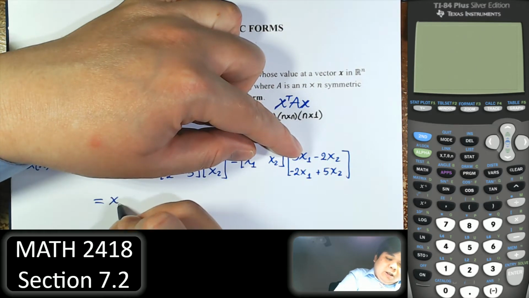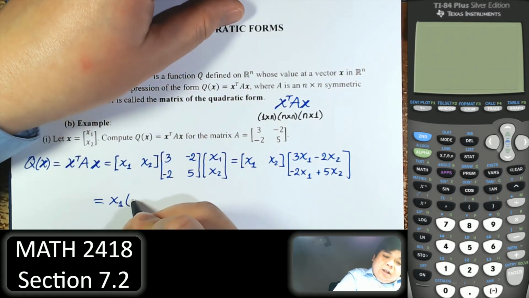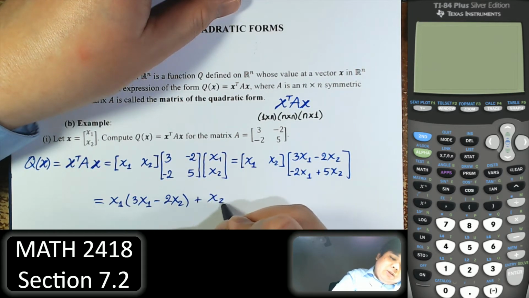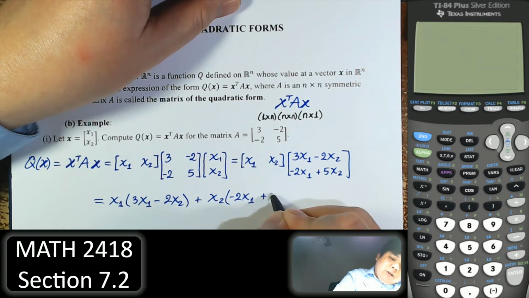We're going to have x1 times 3x1 minus 2x2, plus x2 times minus 2x1 plus 5x2.